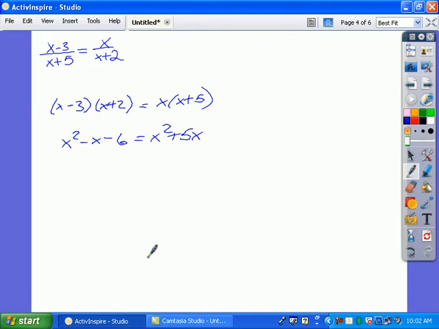In this case, it looks like both x squareds drop out. So negative x minus 6 equals 5x. I add x, divide by 6. So negative x plus 5x is 6x divided by 6, and x equals negative 1. Again, that doesn't make any of the denominators 0, so we should be fine there. Okay?